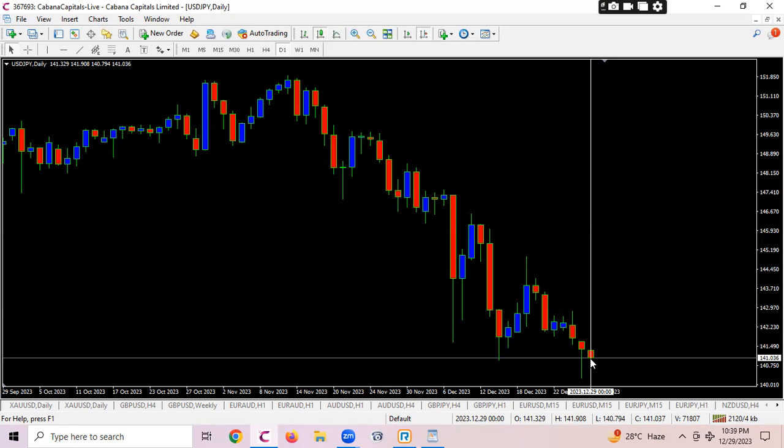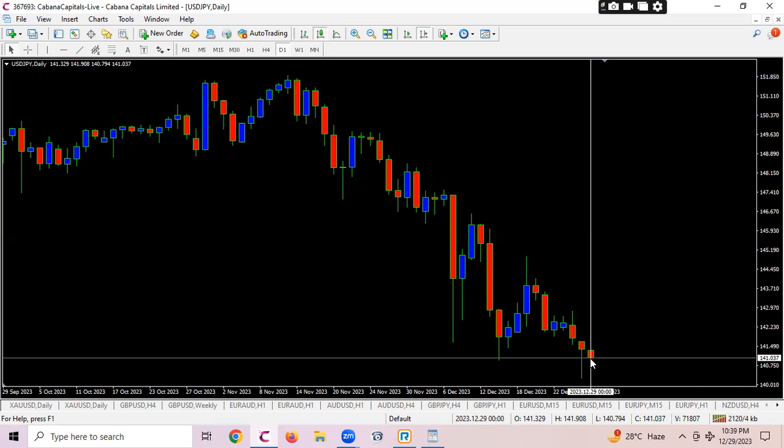So if the hammer is bearish, you wait for the next candle to close bullish before you buy. Yes, sir. A hammer that forms in a downward trend indicates a change in trend from bearish to bullish.